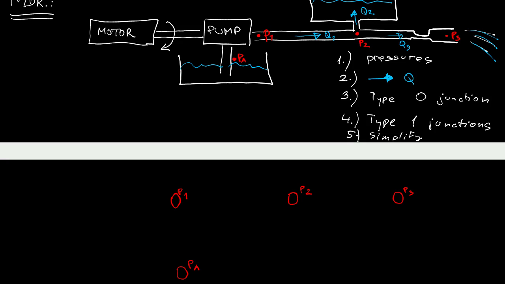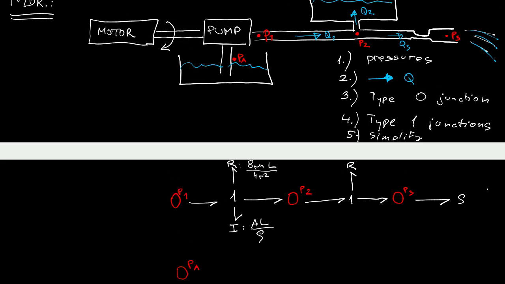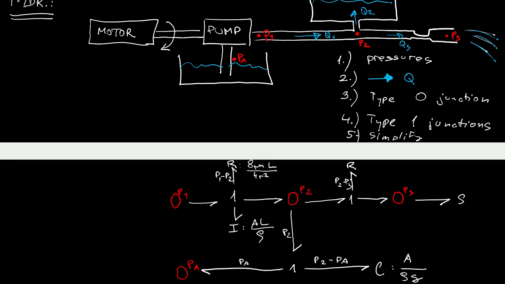Then setting the coordinate frames for, and actually labeling the individual flows, Q1, Q2 into the reservoir and Q3 which goes on, and then using type 1 junction to introduce the model of the viscous drag and the inertia of the liquid, and similarly the model of the most probably nonlinear drag at the narrowing of the pipe, and finally using type 1 junction to introduce a model of the reservoir here, of the capacitance.